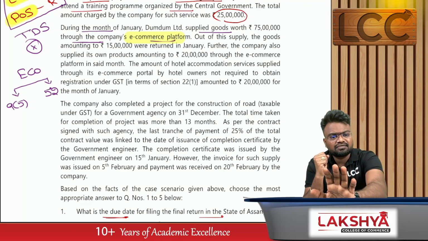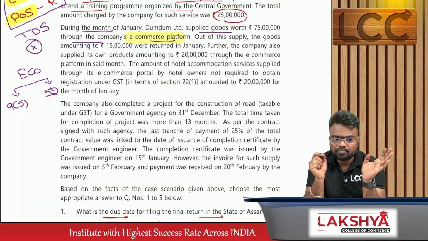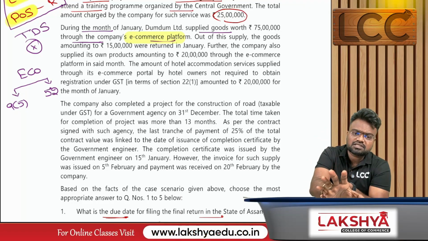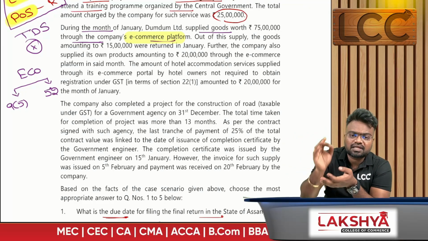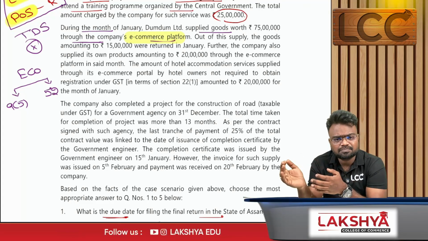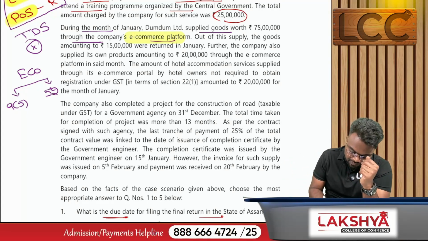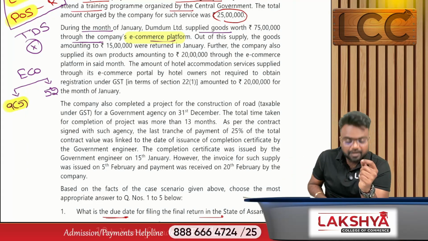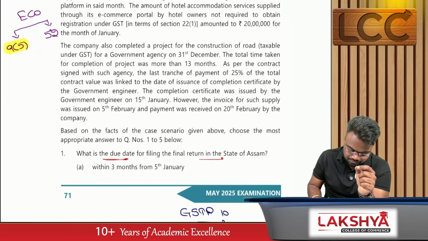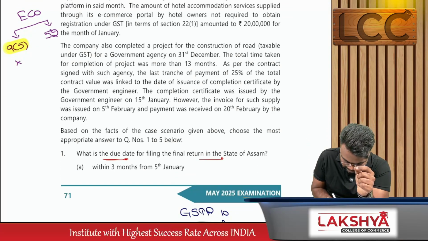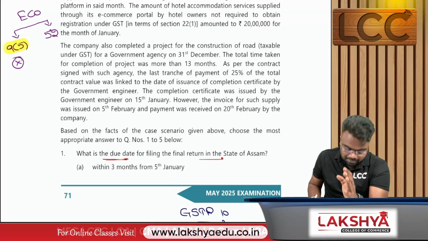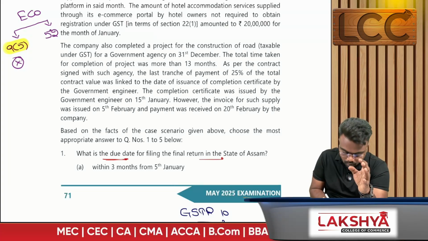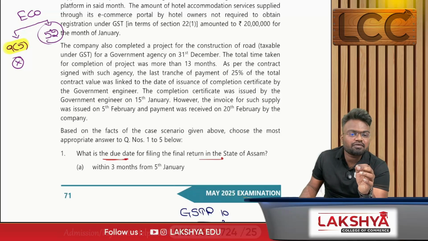Apart from these 5 services, everything related to e-commerce operator is covered under 52, that is the TCS provisions. So if anything is covered under 9(5), then TCS is not applicable. That means TCS is applicable only in case of section number 52.